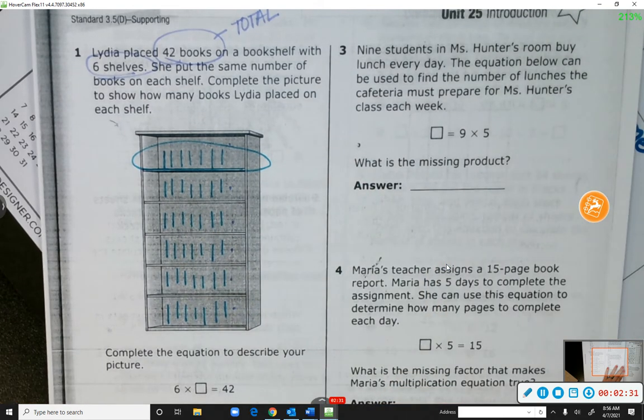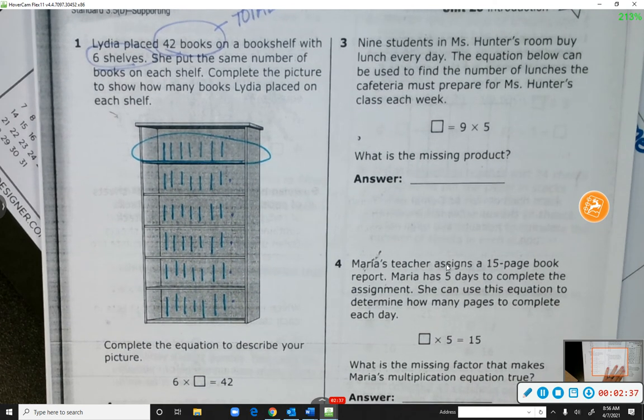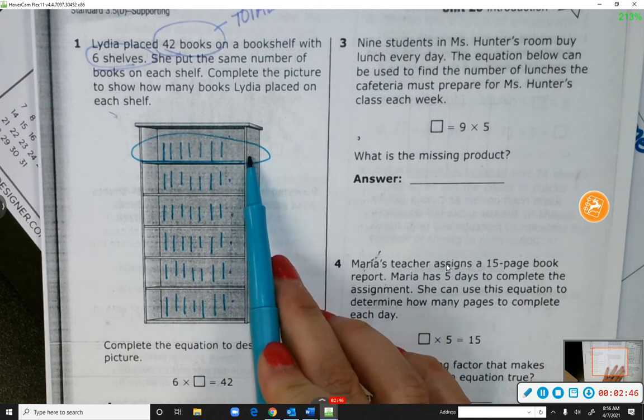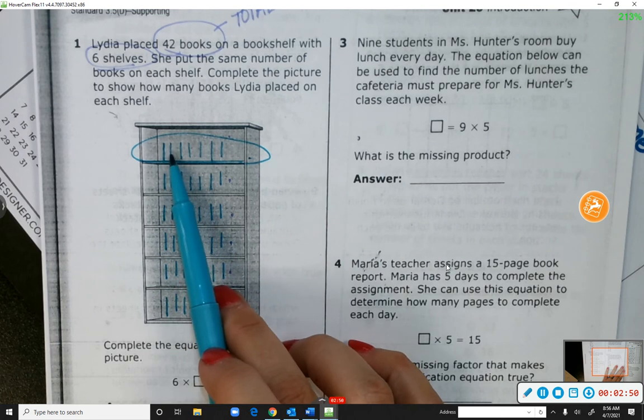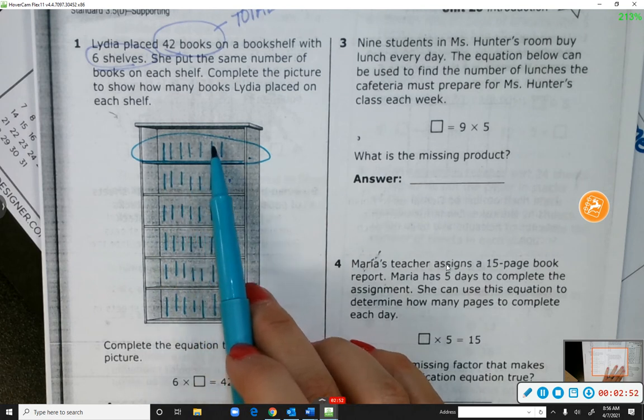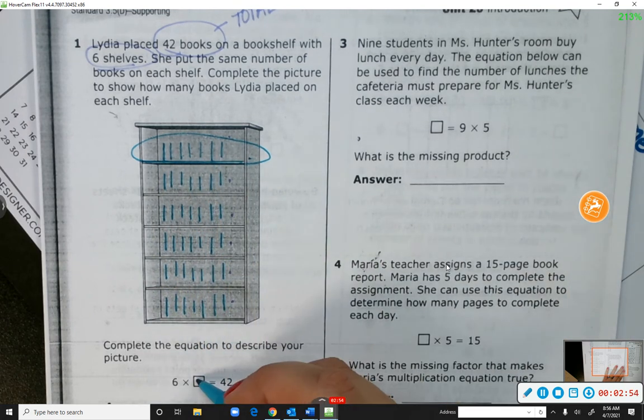Okay, did y'all get to 42? Yes. So now what would we do? I'm not finished. Evangeline? You would count how many are on one of the shelves. How many are there? 7. 1, 2, 3, 4, 5, 6, 7. Okay?